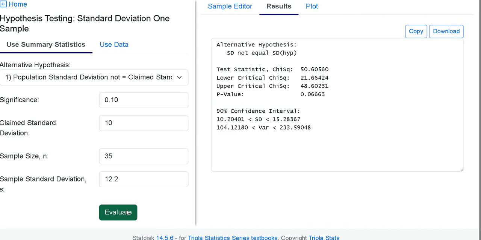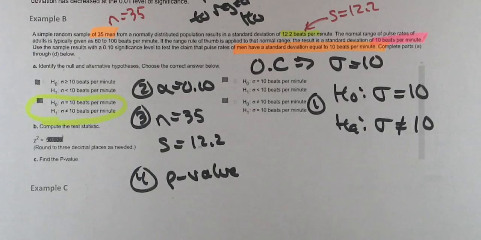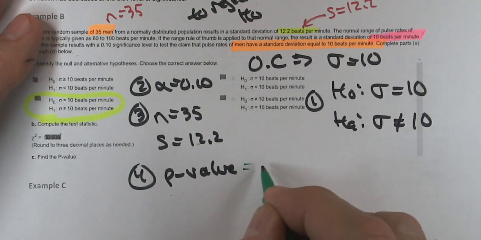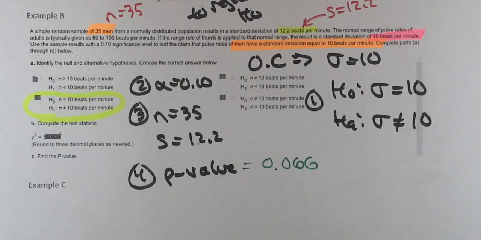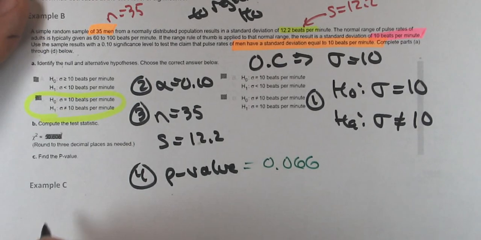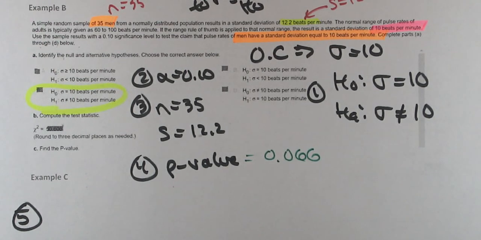So our test statistic is 50.65. I don't think we really need that. What's the information I really need from this part of our output? Our p-value. Sabrina, what's our p-value? 0.066. Good. So if our p-value is 0.066, what's our decision?